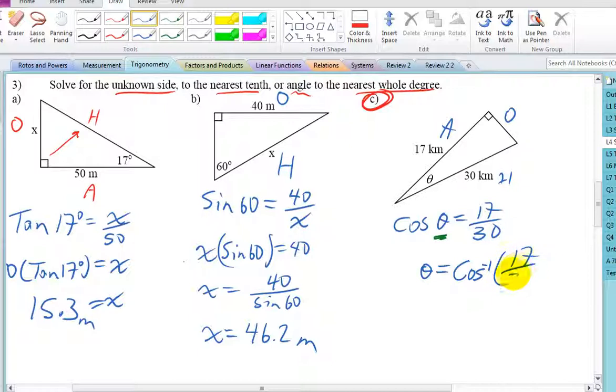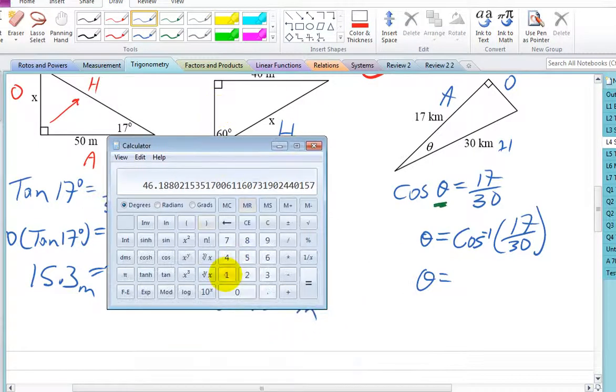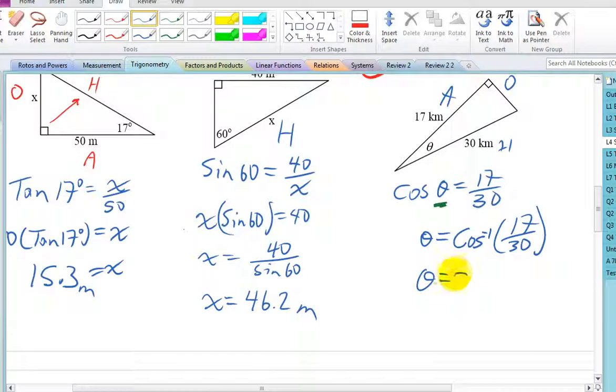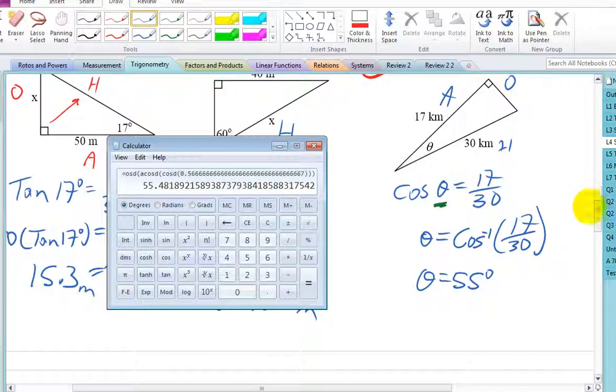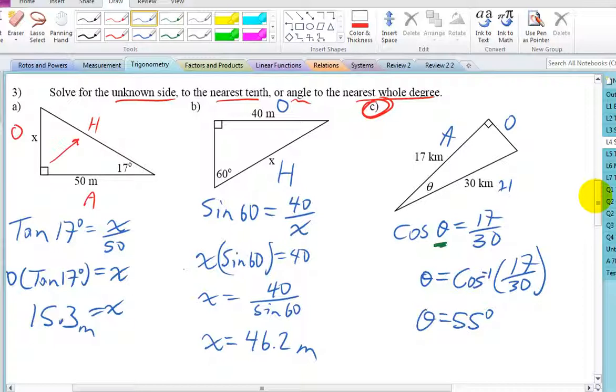A lot of people need brackets around the division in order for their calculator to do it properly. Then try it on your calculator, please. Is it 55 degrees? Round to the nearest whole number, it says. Okay. All right. Any questions?